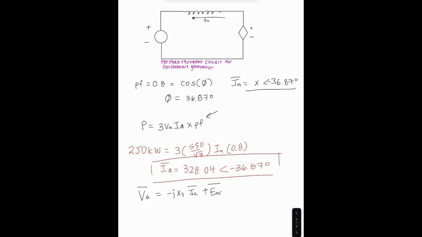And we can rearrange this to get this relationship, which is full of known values. So this is exactly what we're looking for. And this will give us delta since the angle is delta.